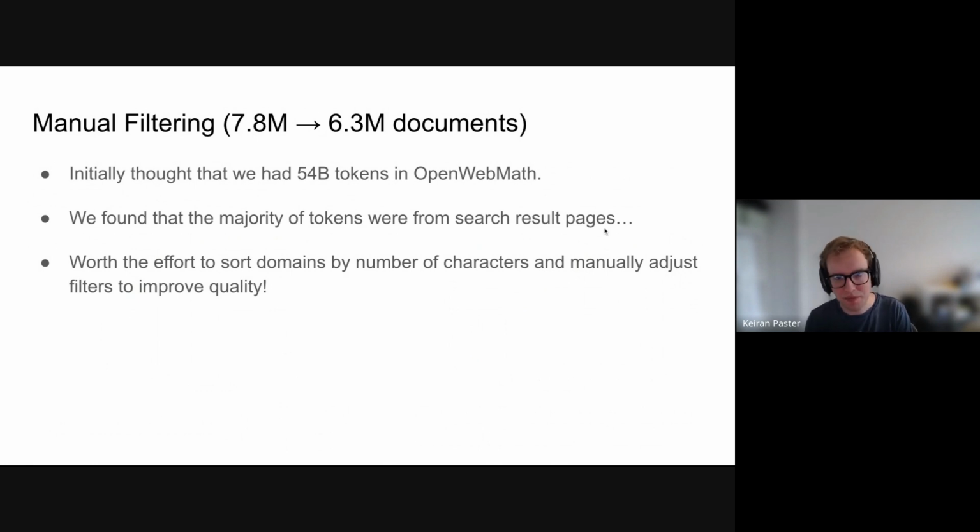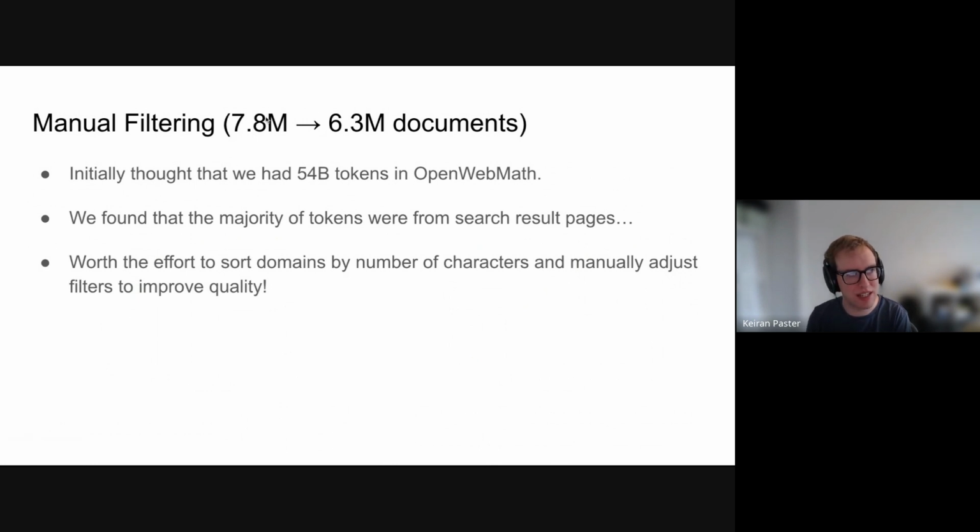When we realized this, we went through and did some more manual filtering on the dataset. The trick was to sort the domains by number of characters, go through maybe the top 1,000, and see what you find. If something was very clearly not a math web page, we got rid of it and added some manual filters.